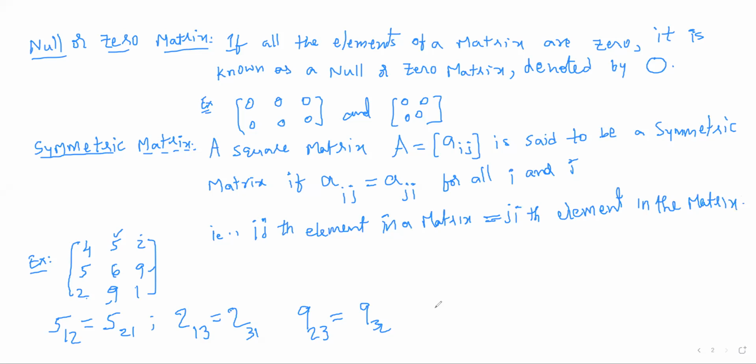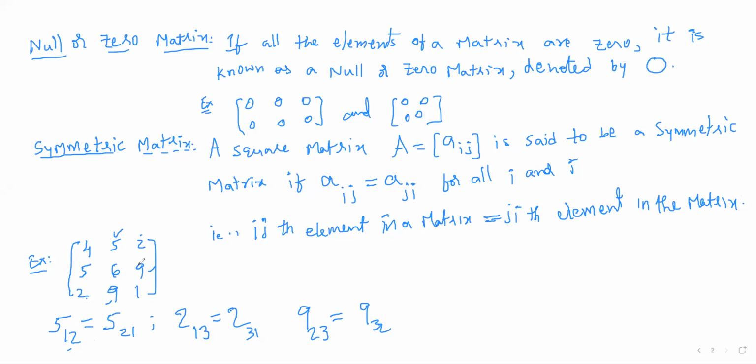Okay, so whenever you interchange the suffixes, the interchanged position also has the same value as that of the original suffix place. Here 1, 2, first row, second column. If you interchange the position, second row, first column. At first row, second column, the element is 5, whereas at second row, first column, the element is also 5.